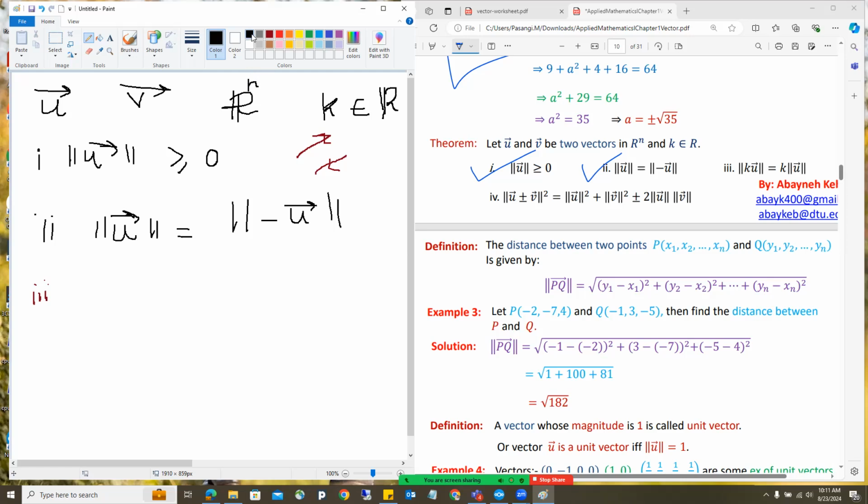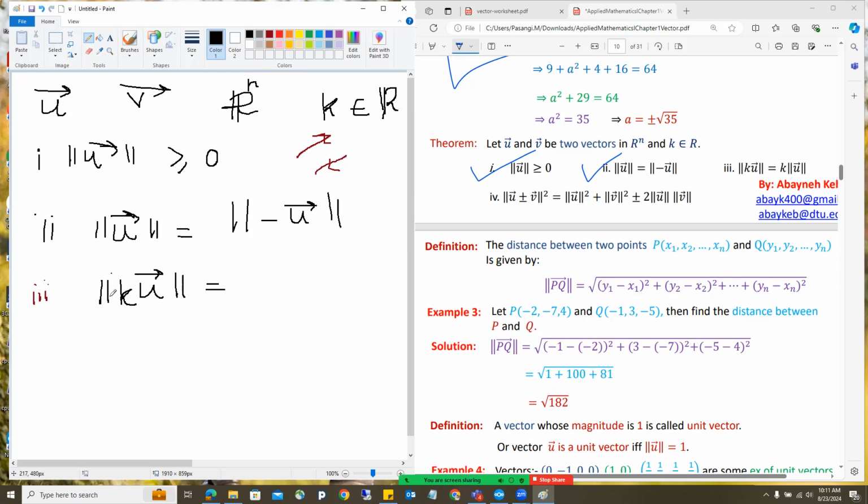Then we have the third theorem. So what does it say? The magnitude of the ku vector. Ku vector means, can you remember we did the scalar multiplication? For this vector, we have multiplied it by this scalar, that is k.